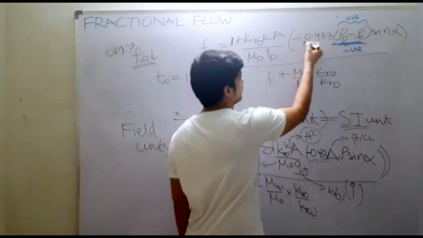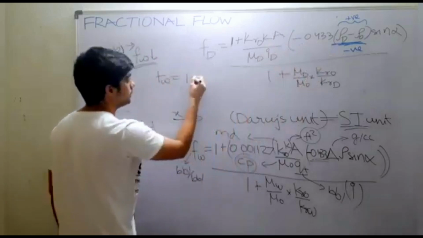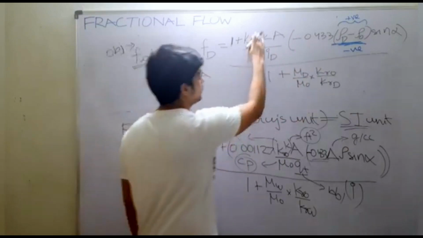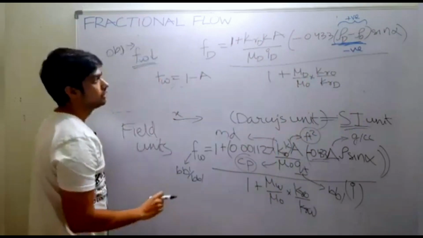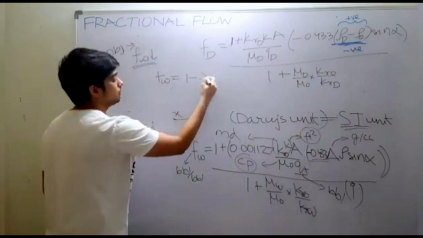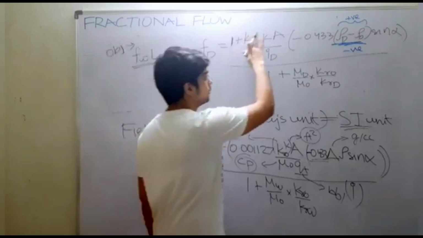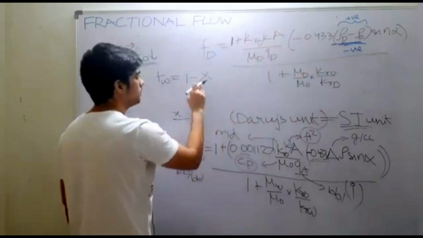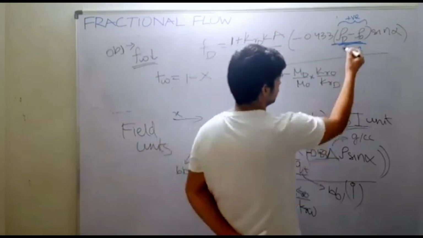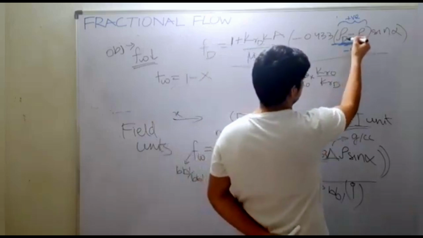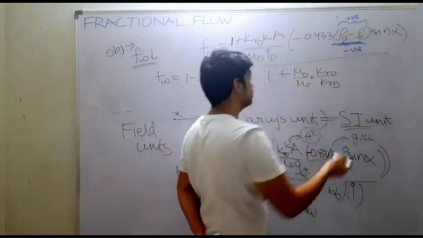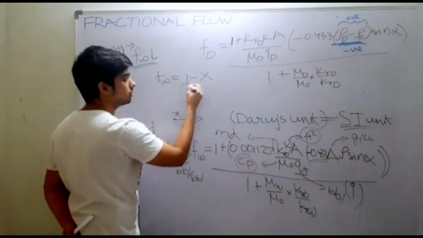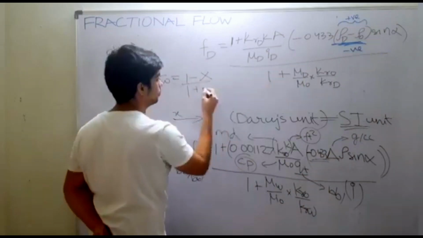This whole thing will become negative, so it will be 1 minus a. I am reducing all these parameters into one single equation. I am just talking about the sign change, or I can write it as x. So these whole terms are reduced into one single term, but since the density of water will be greater than that of oil, the difference will remain positive and there will be no change in the effect of x, and I am writing this term as y.